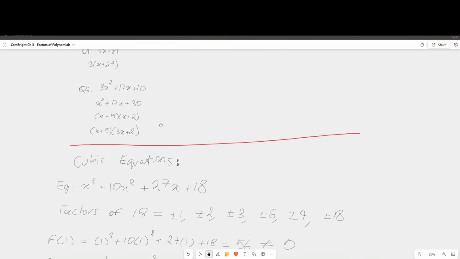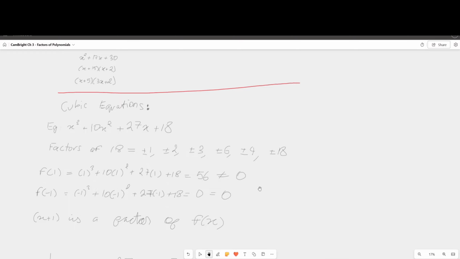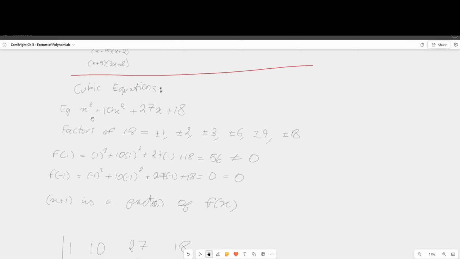Right, now moving on to cubic equations, we will learn how to solve them and essentially factor them. Factoring means you factor an expression and equate it to 0 to find the roots. So if we take this cubic equation, for example, the first thing we have to do is find the factors of the constant term, which are listed here.